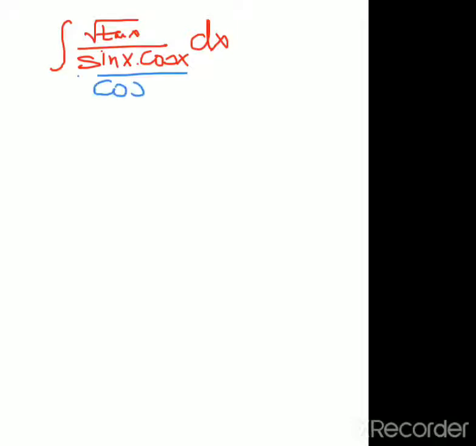Next question I'm taking, this is integral of under root tan x upon sin x into cos x dx. What best I could do, I'm dividing numerator and denominator by cos square x.